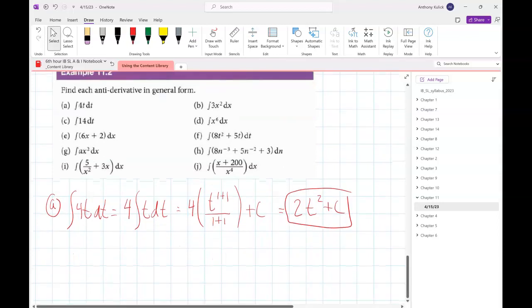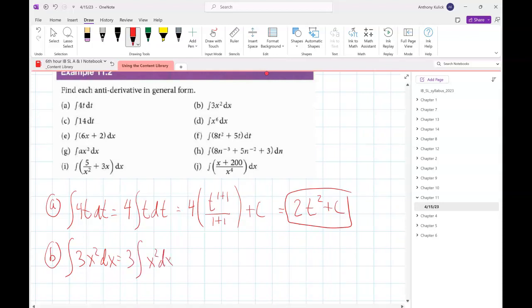All right, who can do part B? What should I do first? Pull the 3 out front. Good. Then what?